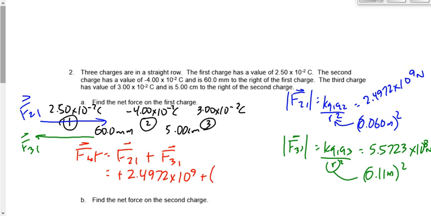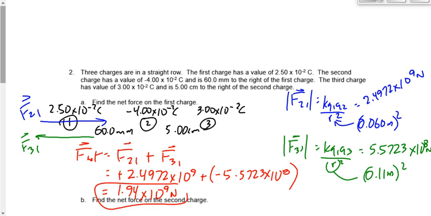And F31 is a negative value. It's 5.5723 times 10 to the 8. We add those up, and we get a value of 1.94 times 10 to the 9. Get a positive value, which means it's acting which way? To the right. All right, good?